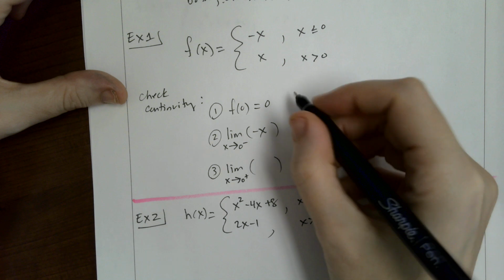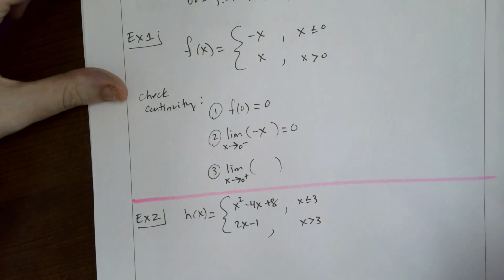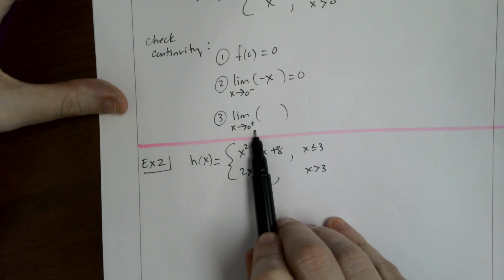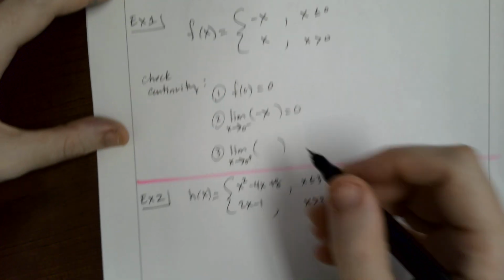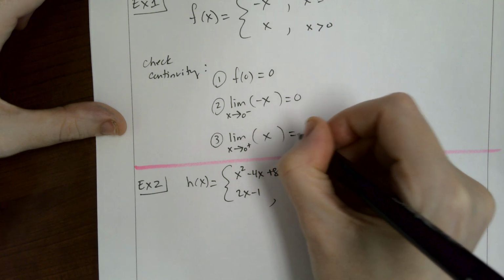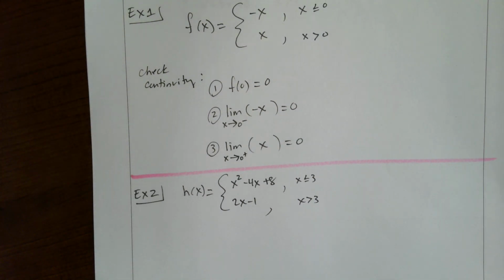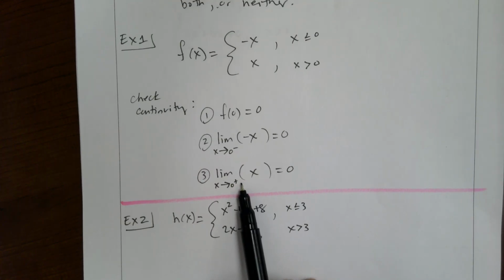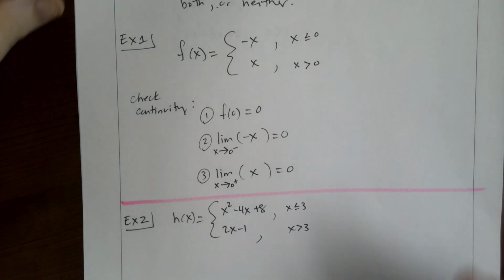And if you do that limit, you could just plug in 0, and that is 0. So now x is approaching 0 from the right, so I'd be using that piece. And this limit is 0. Okay, so the answer is yes to continuity. So the function is continuous at x equals 0.